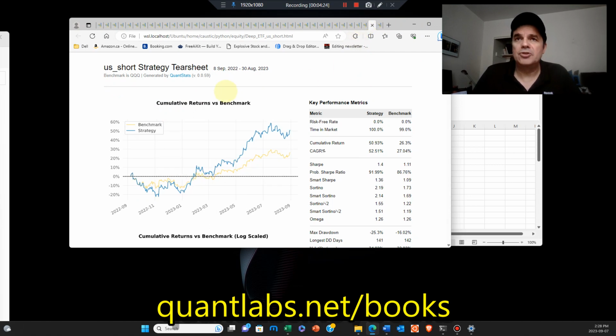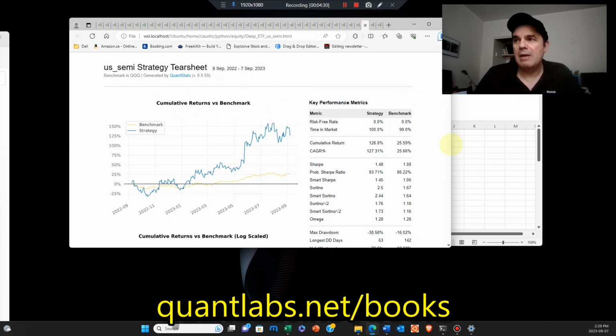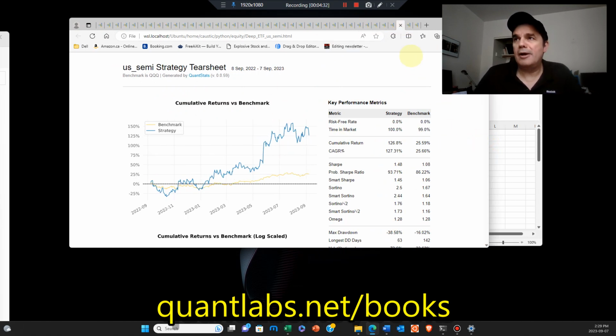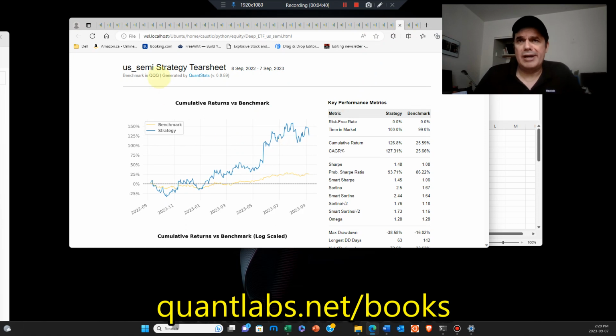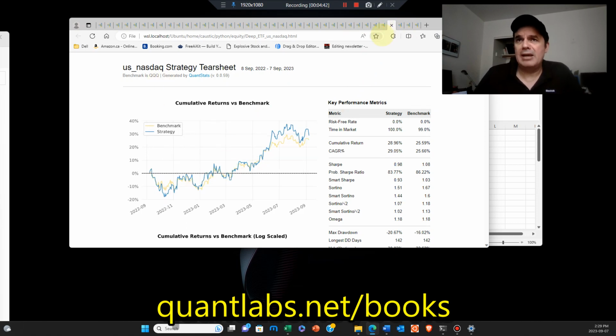We have shorting ETFs, that's outperforming, though I'm not a big fan of those. Also, we've got semiconductors, that's outperforming. We have retail, which is not performing. We've got semi, we've already seen that. Nasdaq's barely outperforming.